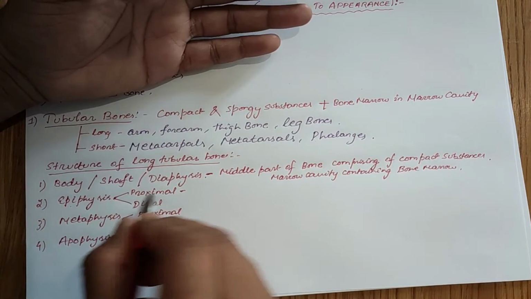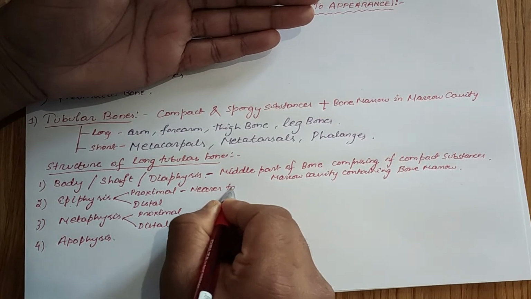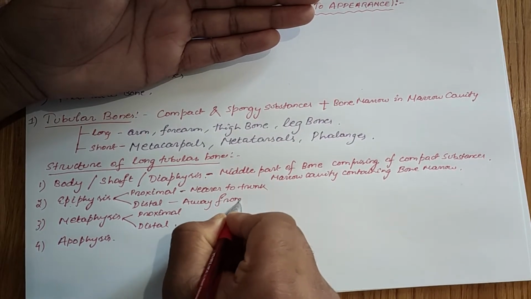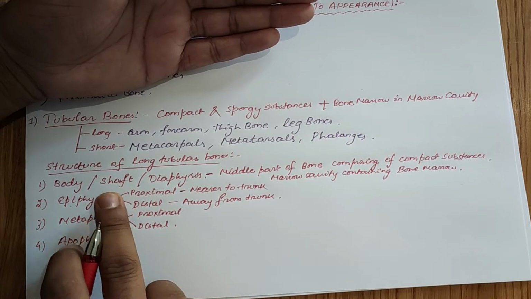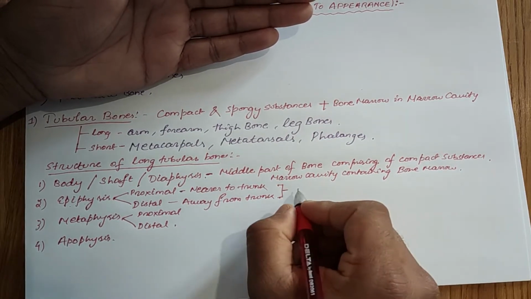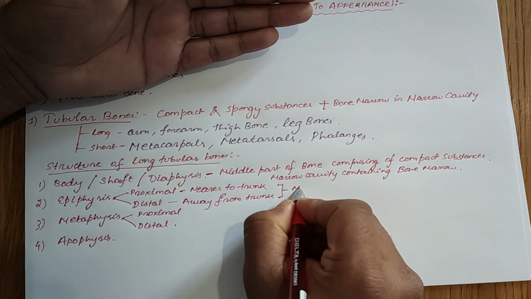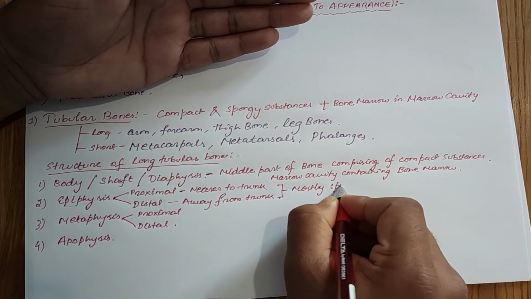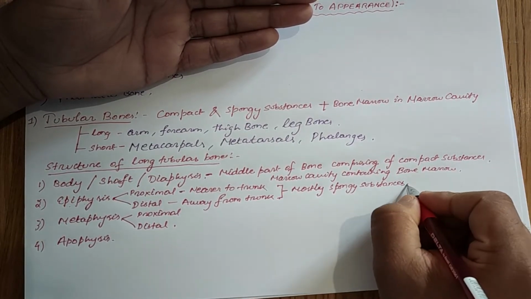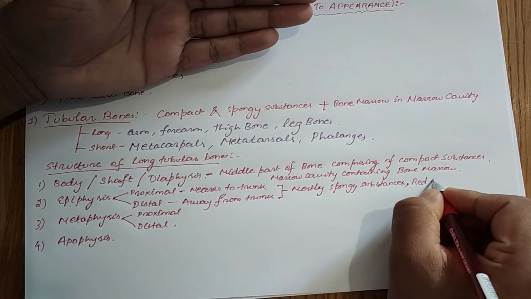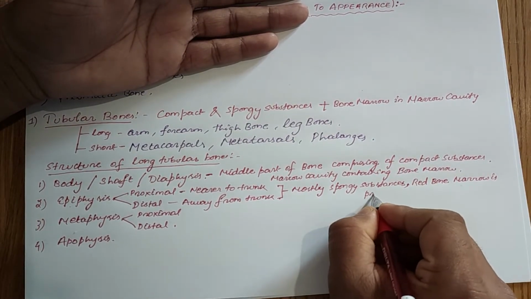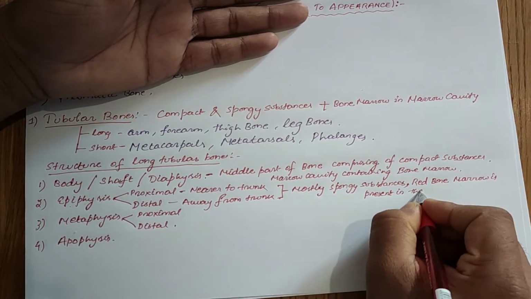Proximal means the epiphysis nearer to the trunk, and distal is the one away from the trunk. Epiphysis is the part of the bone that comprises mostly spongy substance, and red bone marrow is present in the spaces.